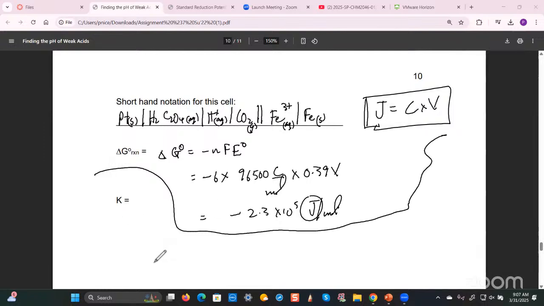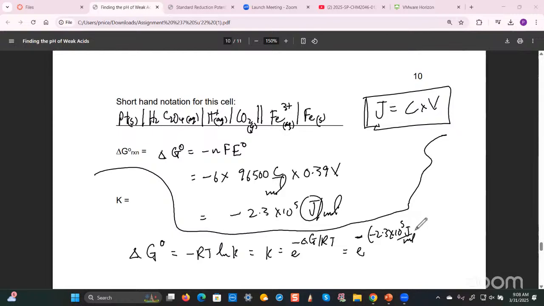The question is also asking for K. And remember now, the relationship between delta G and K is that delta G standard is equal to minus RT ln K, which means that K would be equal to e to the minus delta G over RT. So we have to put in the values here. Minus delta G, which is minus 2.3 times 10 to the 5 joules per mole, right?